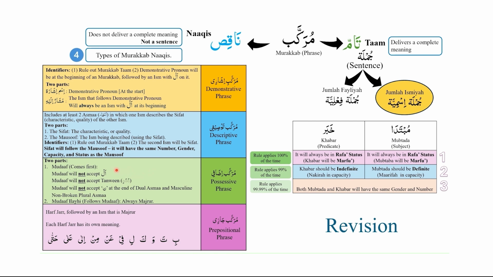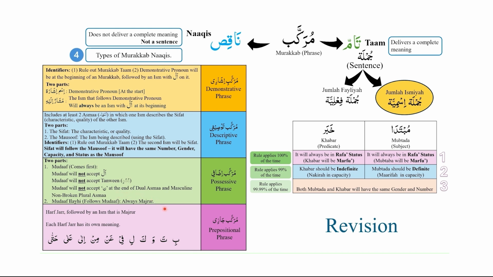There are rules that apply to mudaf and there are rules that apply to mudaf ilayh. Mudaf, which comes first, will not accept al, it will not accept tanween, and it will not accept noon at the end of dual asma and masculine non-broken plural asma. Mudaf ilayh will always be majroor.